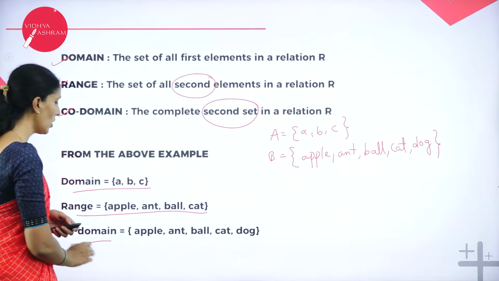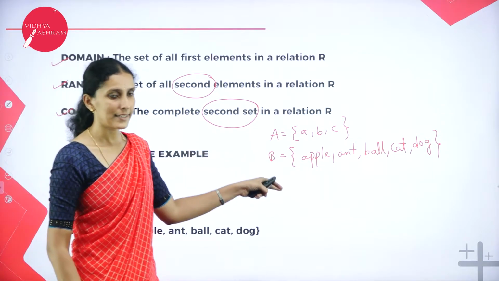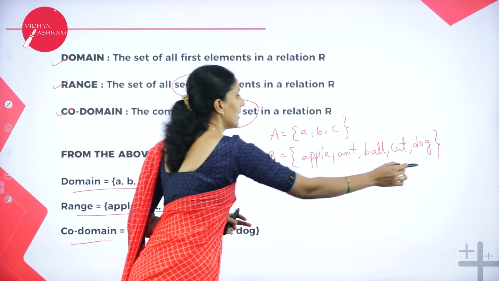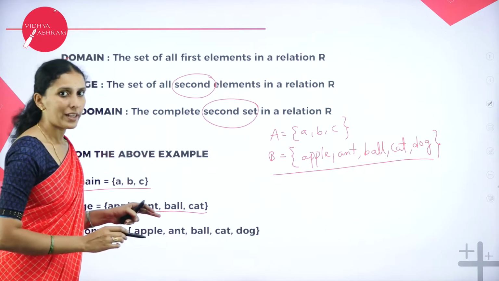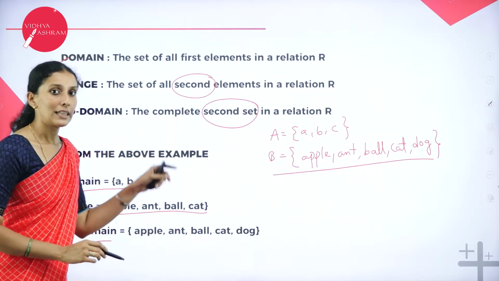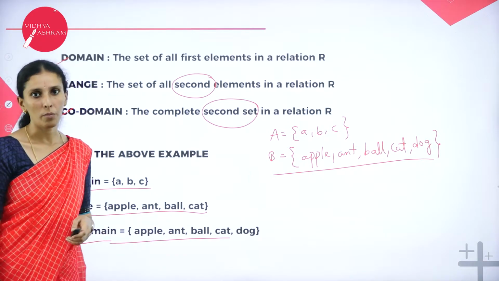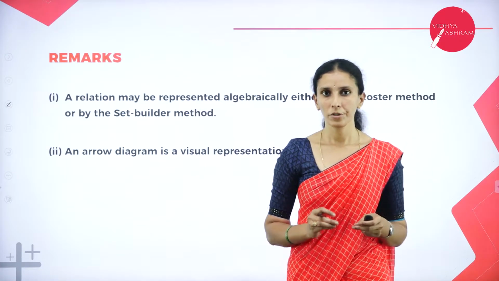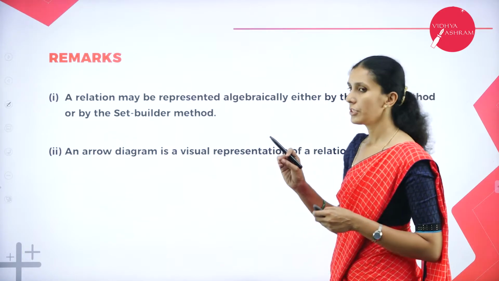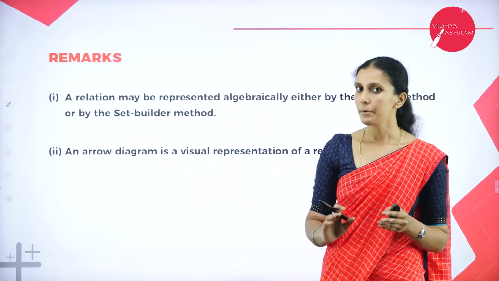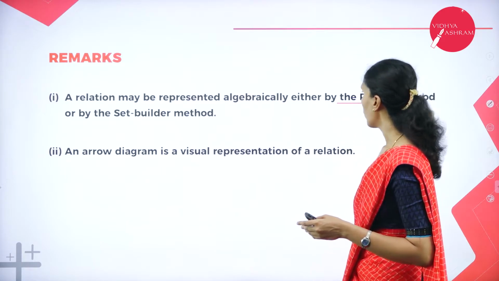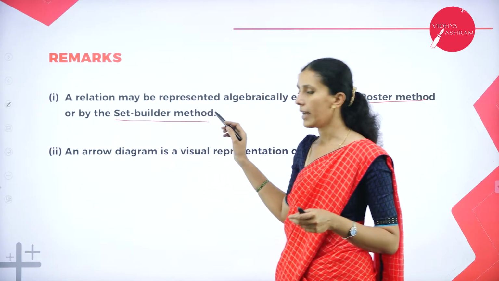Next, codomain. Codomain is the complete second set. This is my first set and this is my second set. So whether they are in the relation or not, the complete second set is nothing but your codomain. Here there are important points to remember. A relation may be represented algebraically using the roster or set builder method.